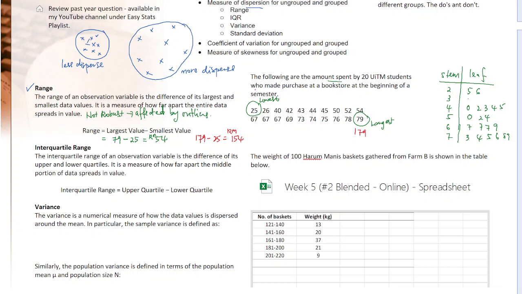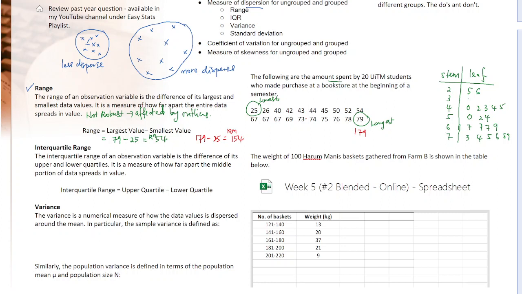It will become larger, always much greater than the actual one. So that's why the range is not robust. In order to make comparison between groups, you must make sure that there exist no outliers. Otherwise, you cannot compare between groups using range.